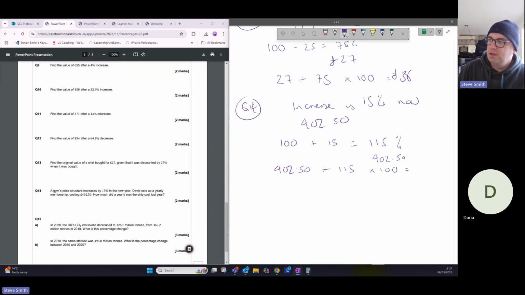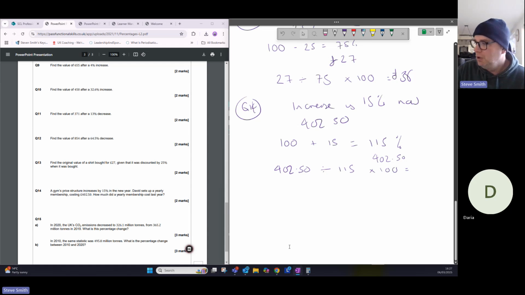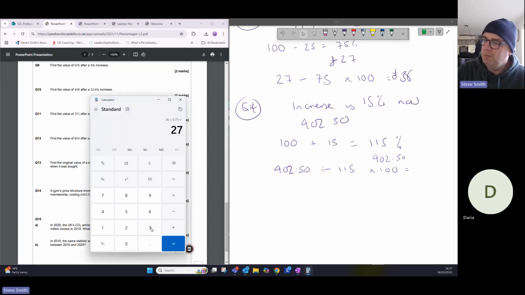Same process: we've got 115 parts because we've got the 15% extra, and we only want 100 of them, hence why we multiply it by 100. So £402.50 divided by 115 is what one part is worth right now. And then last year we want 100 parts, so we times that by 100. And we can see that the gym membership last year was £350.